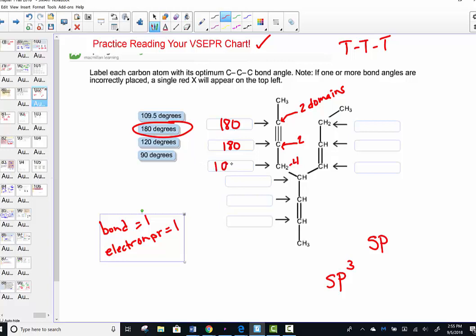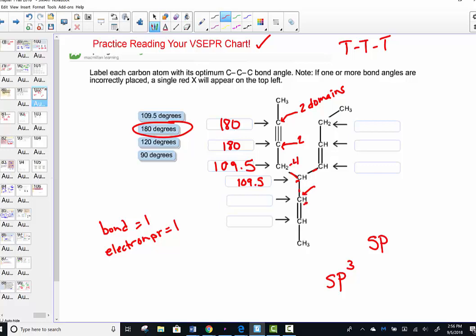That's 109.5 degrees. This carbon has 1, 2, 3, 4 domains. That hydrogen is bonded to the carbon, even though we don't see it necessarily, it's bonded. 4 domains, sp3 hybridized.